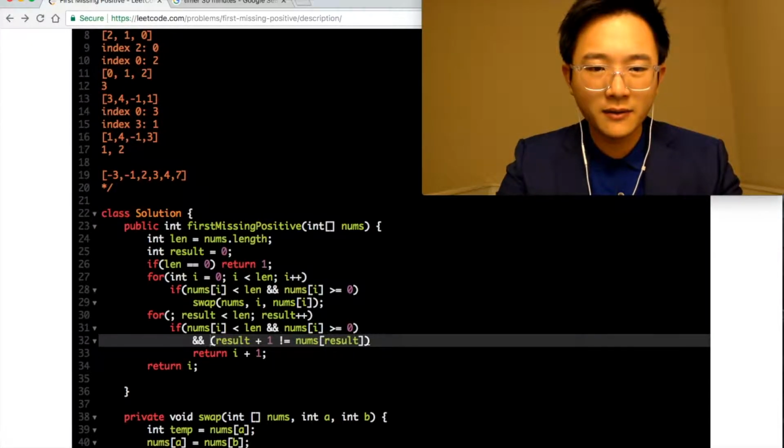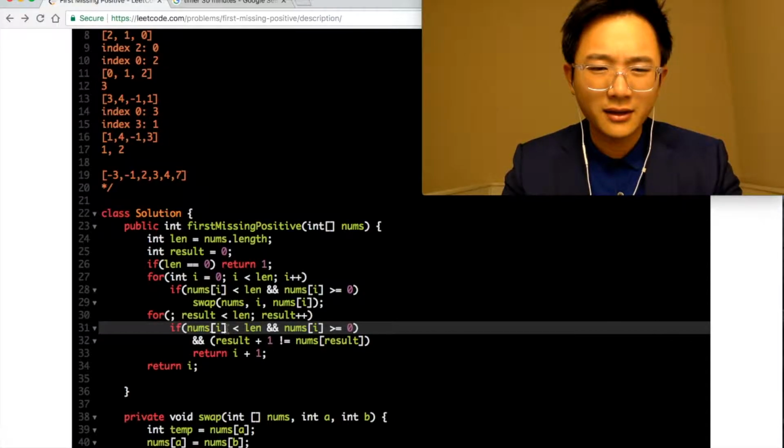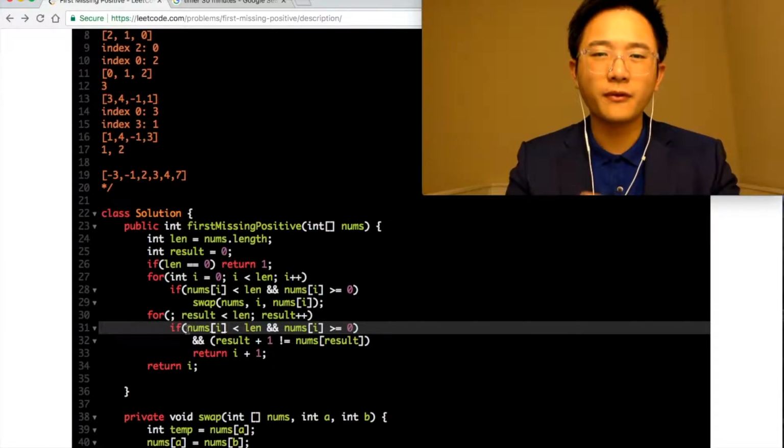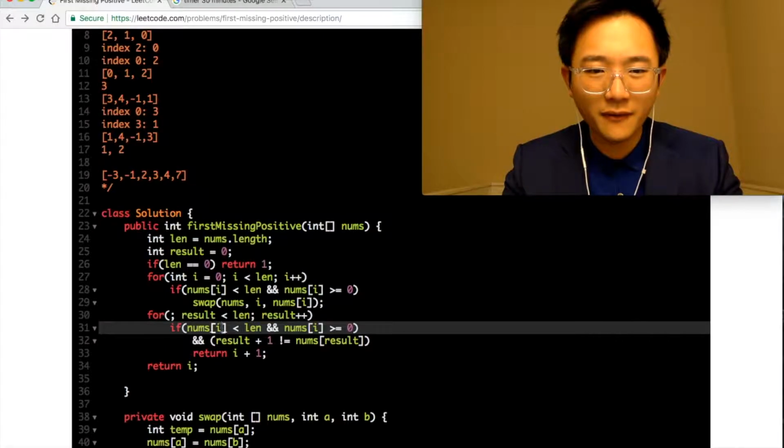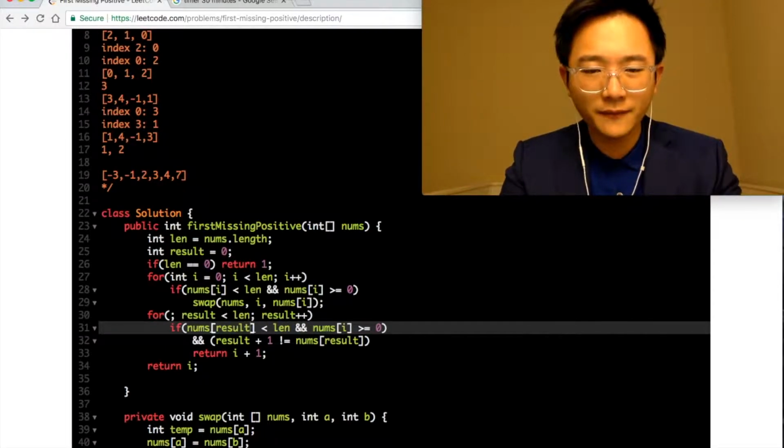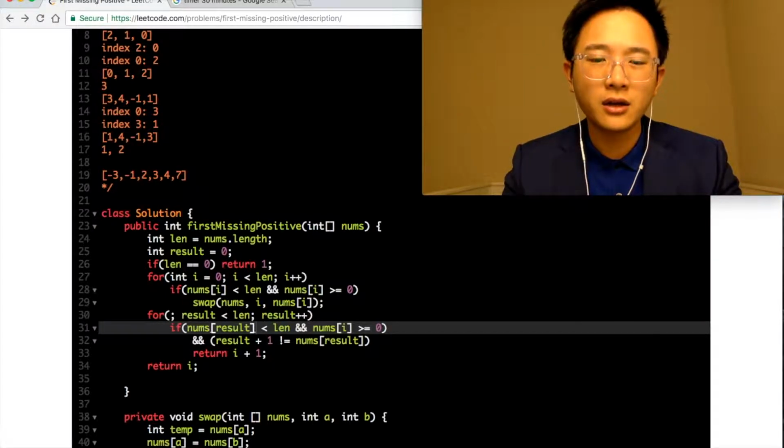And so, okay, if this less than that, and okay, if wait, hold up. So when we iterate through this, wait, if okay, if nums[result] is larger than 0, we want them at least larger than 0.